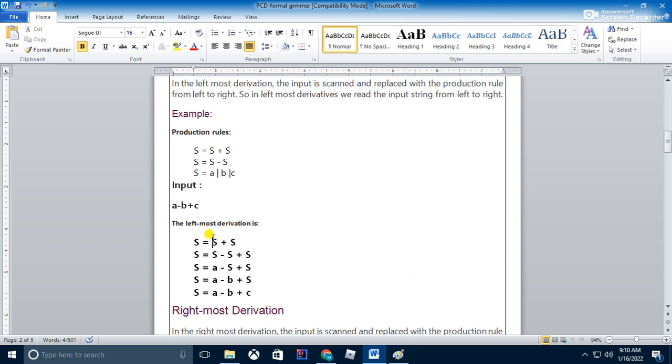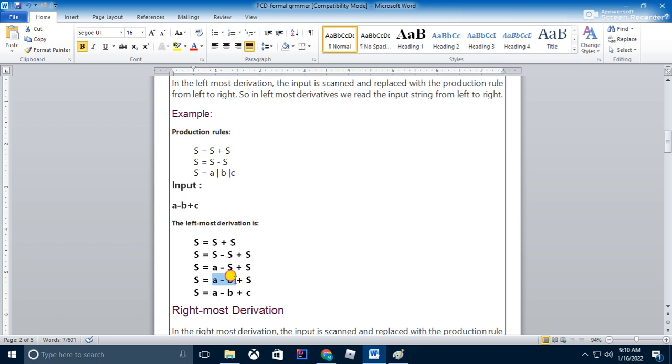So we have selected this particular symbol, and it can be replaced by S - S, and then, in order to derive the input string, we start replacing in this way.